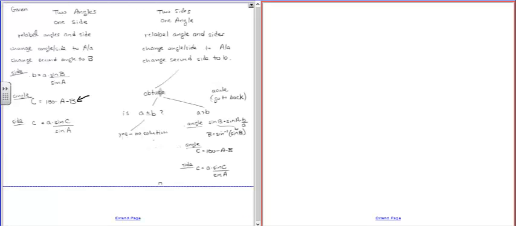So let's come up with a triangle that has that scenario. So let's make an obtuse angle. So I'm going to go like this, and obtuse is greater than 90 degrees. So let's call this the angle.